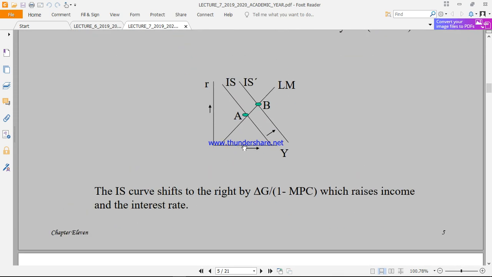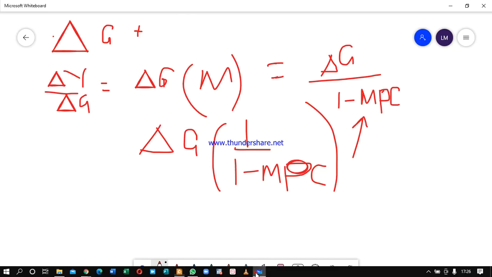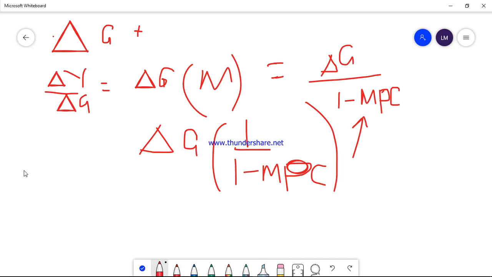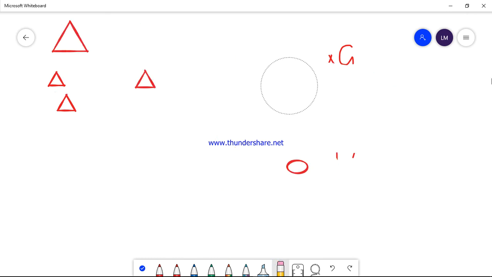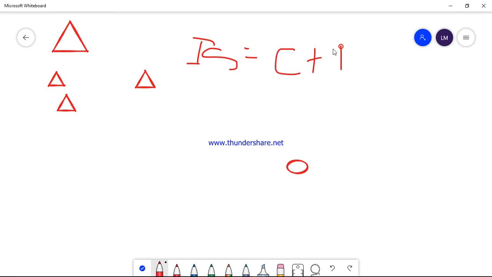And if this is true, mind you, last time we said that the IS curve is nothing but consumption plus investment plus government expenditure.